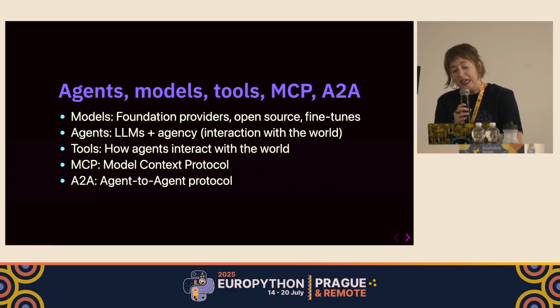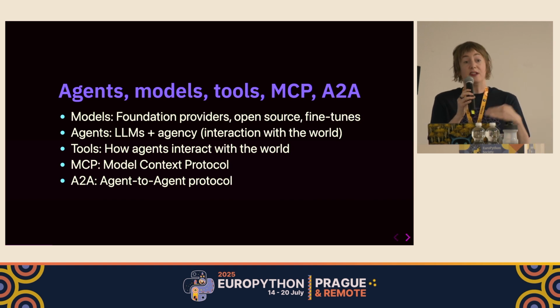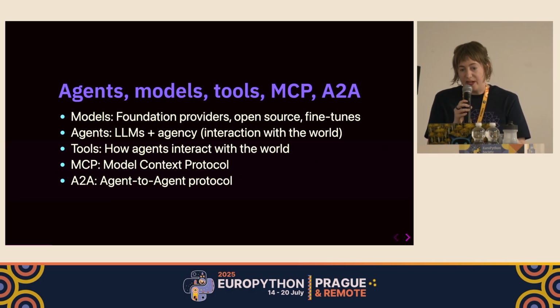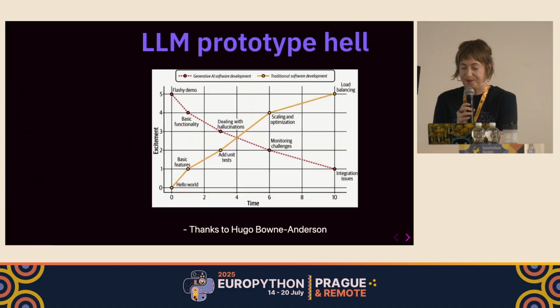And finally, A2A, an agent-to-agent protocol, is a way for agents to discover each other and talk to each other and work out what is the right agent for the right task. This is, of course, very high level. I'm not attempting to do a deep dive. If you have questions about these, we're happy to chat after the talk.